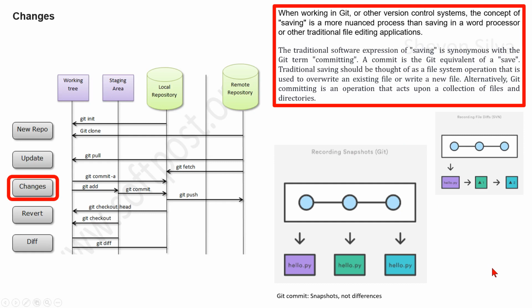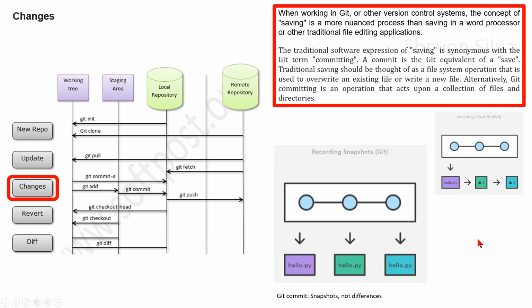Aside from the practical distinctions between SVN and Git, their underlying implementation also follows entirely divergent design philosophies. Whereas SVN tracks differences of a file, Git's version control model is based on snapshots.